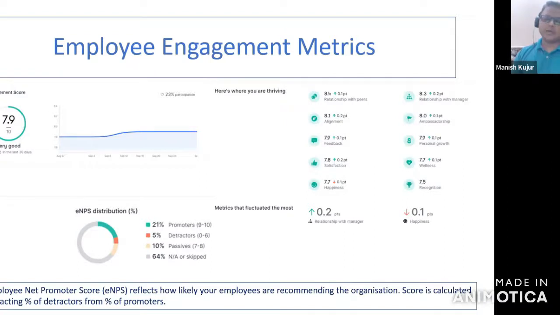These are 10 broad categories of metrics in the employee engagement domain that we can capture and show to the business, and we can further analyze them and give insights to the business.